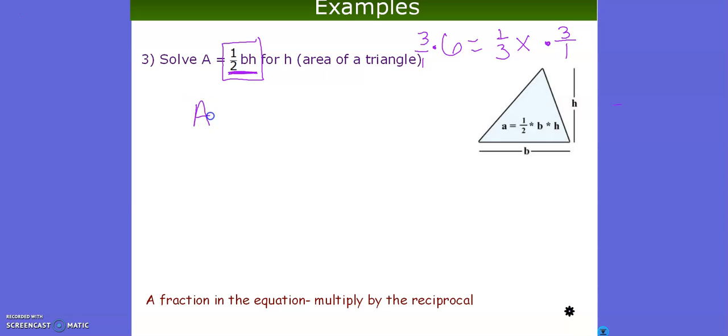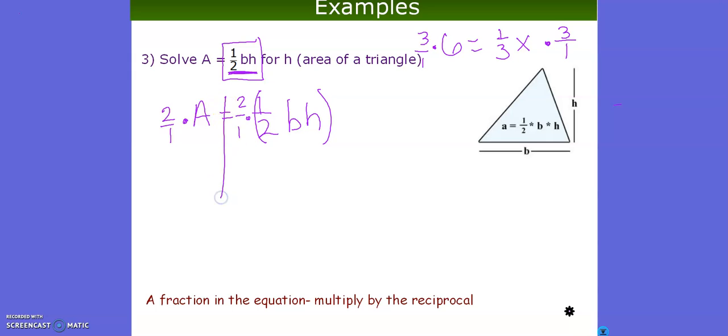So I'm going to just rewrite it again. Give myself some space here. So we're going to go ahead and multiply this whole side by 2/1, and this whole side by 2/1. We're really just multiplying by 2 on both sides.